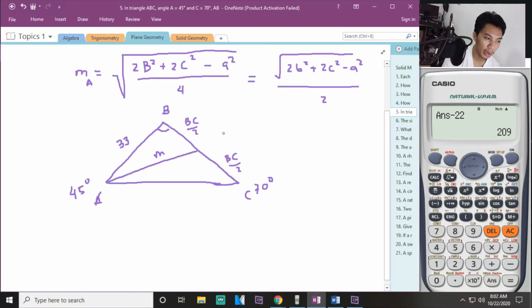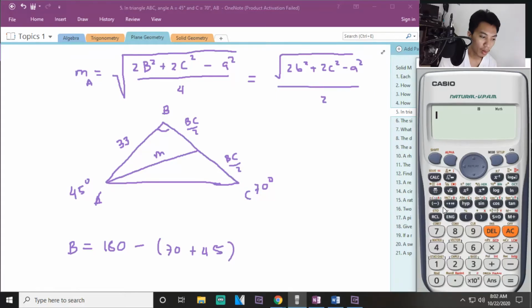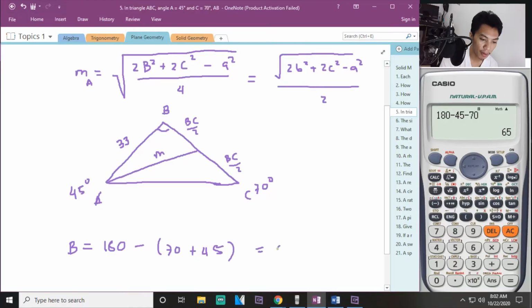So, 180 yung angle B. B will be equal to 180 minus yung 70 plus 45. So, 180 minus 45 minus 70. The answer will be 65 degrees.